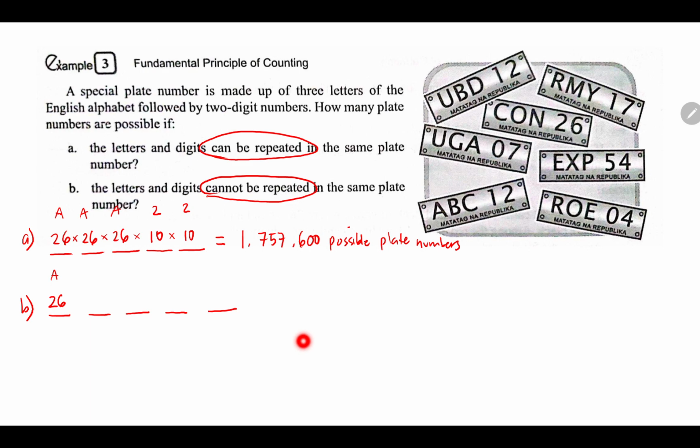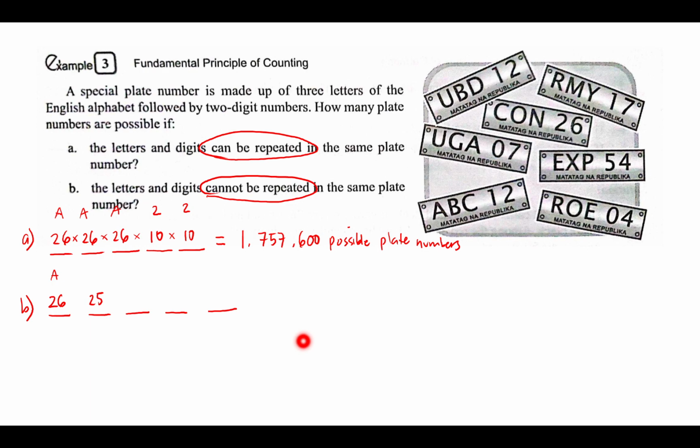But for the second letter, since it cannot be repeated, obviously A will be removed from the list. So from 26 possible letters, it will be 25. Why 25? Again, because A is already removed.